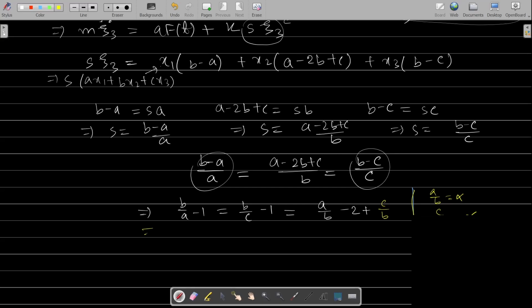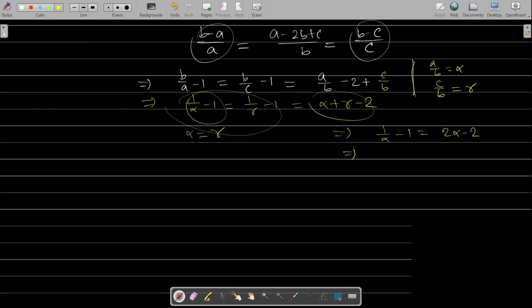Right, so this comes out to be 1 by alpha minus 1 is gamma minus 1, which is alpha plus gamma minus 2. So from the first two we have alpha is gamma. And from the other pair, as alpha is equal to gamma, we have 1 by alpha minus 1 is 2 alpha minus 2.